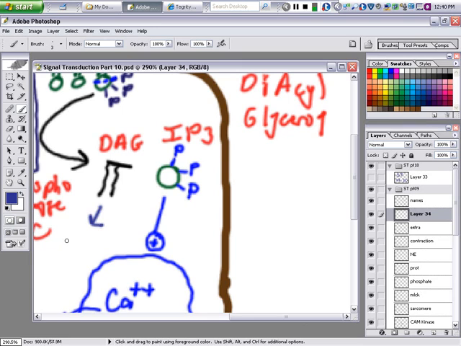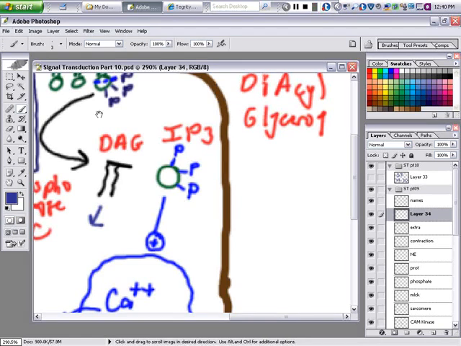Let's see if you can remember this. Adenylyl cyclase makes more of what compound in the cell? Cyclic AMP. And what protein kinase does cyclic AMP activate? PKA, because cyclic AMP activates protein kinase A. Make sense?